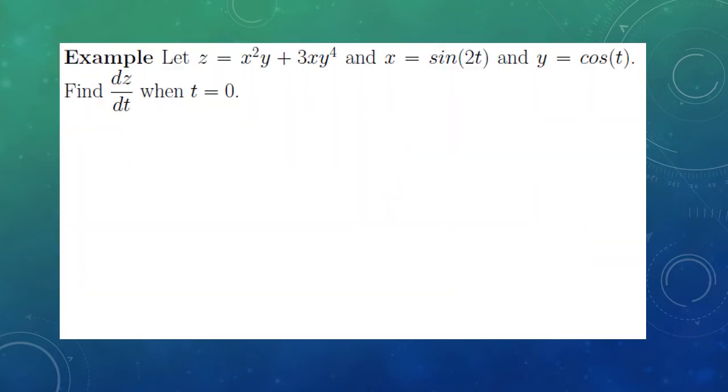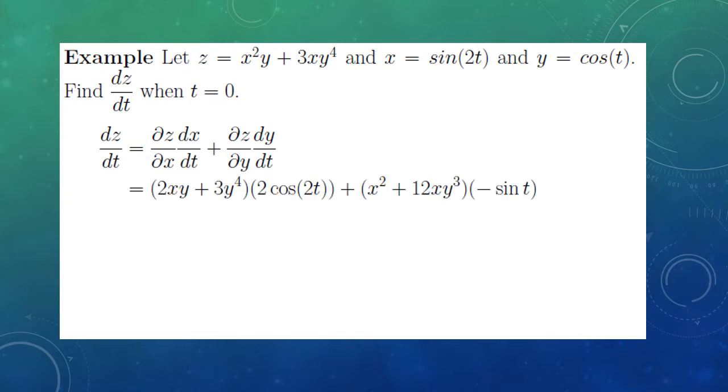Okay, so let's start out with a function z of both x and y, where x and y are both functions of t, and compute dz dt when t is equal to 0. According to the formula, this is how dz dt should look, and so we can compute each piece. First off, we compute dz dx, which you can just take a second and show is the same as this here.